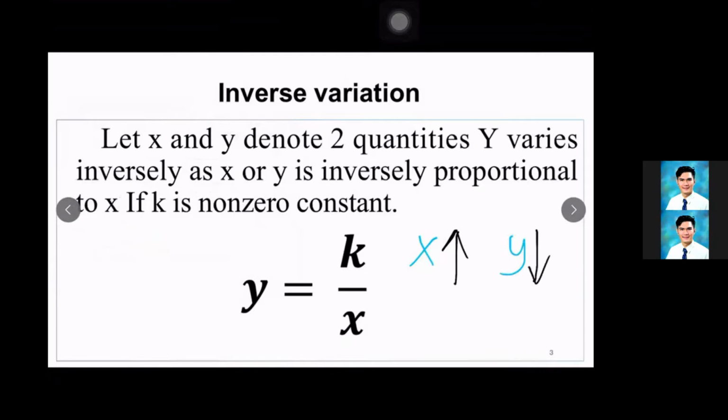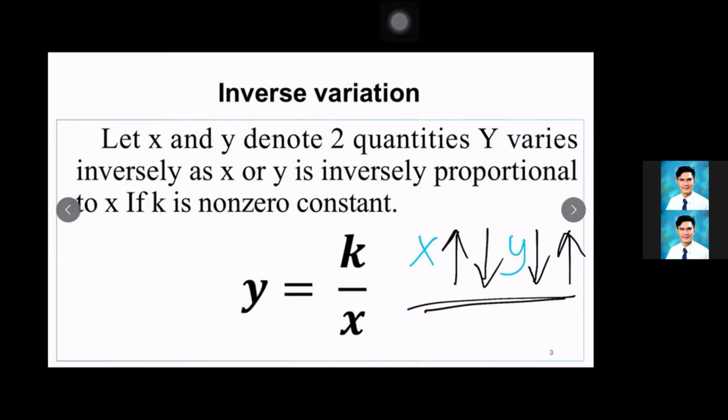Therefore, they are opposite to each other. If x decreases, the opposite reaction is that y will increase. So as you observe, they have an inverse relationship with each other. Later on in our examples, in identifying the unknown, we will be checking if our answers have an inverse relationship with each other.